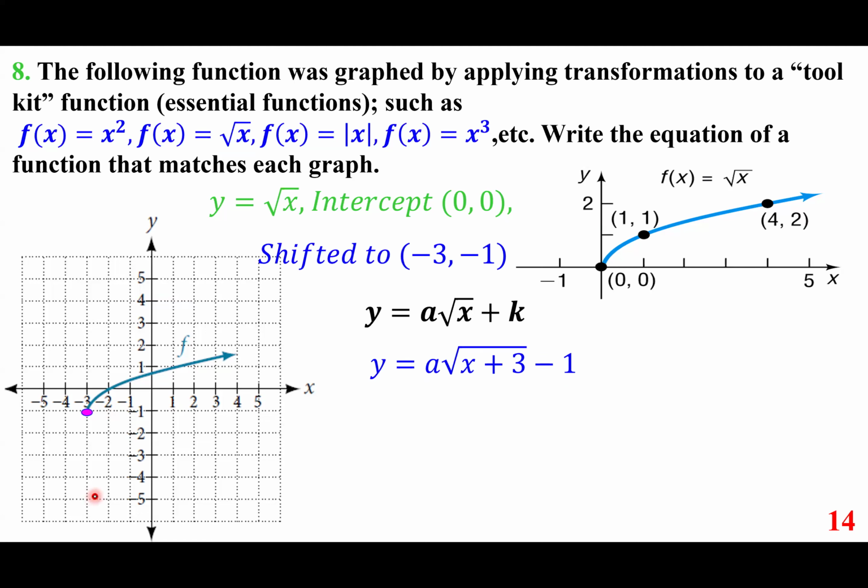Now, all you have to do is pick any point that is easy to see. For example, clearly this point has coordinates -2, 0. So that would be an easy point to use. Just plug in and observe.